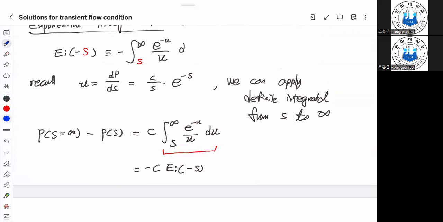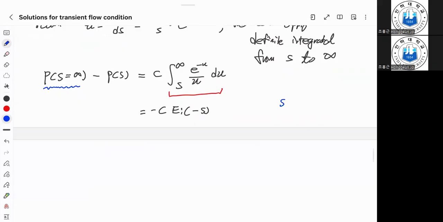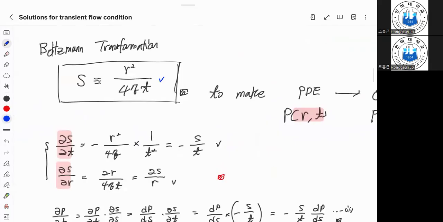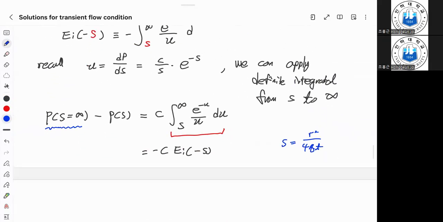Let's talk about this. What's the P when the S goes to infinity? Again, S is defined in this way, right here. If it goes to infinity, that means either R goes to infinity or T goes to 0. So this is the initial condition, and this is the first boundary condition.